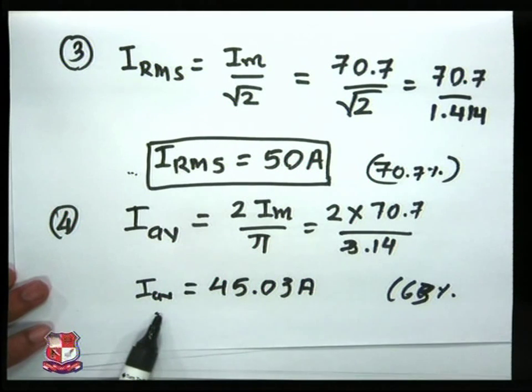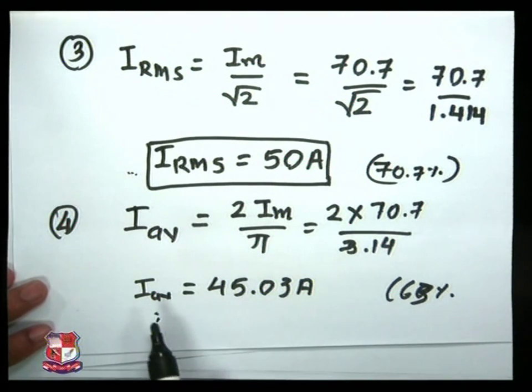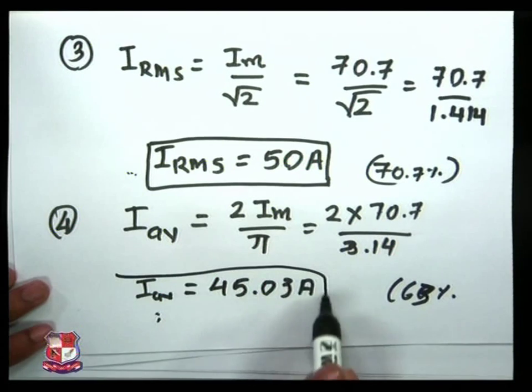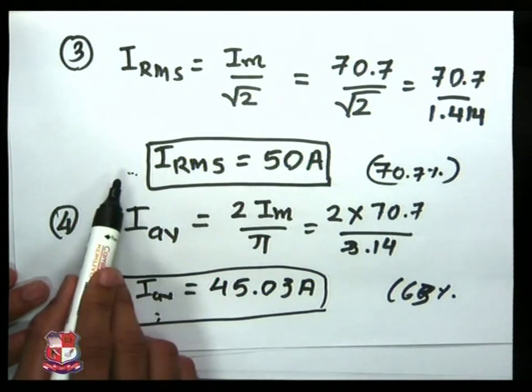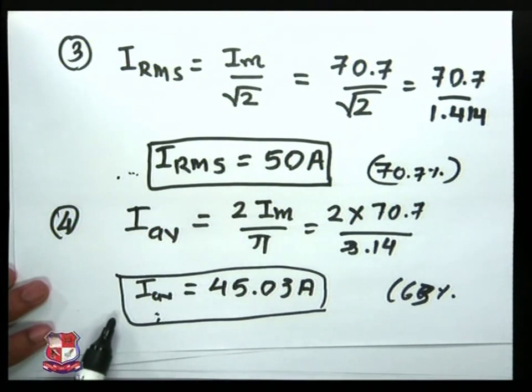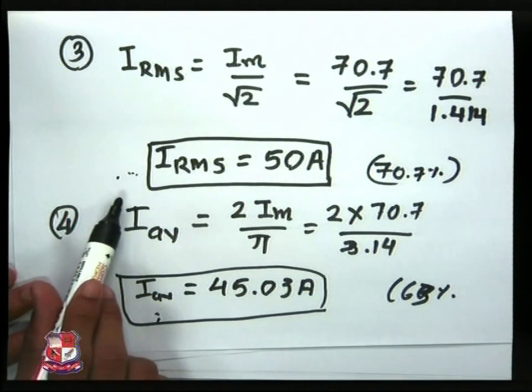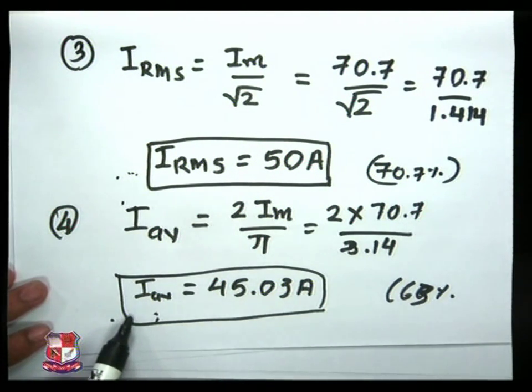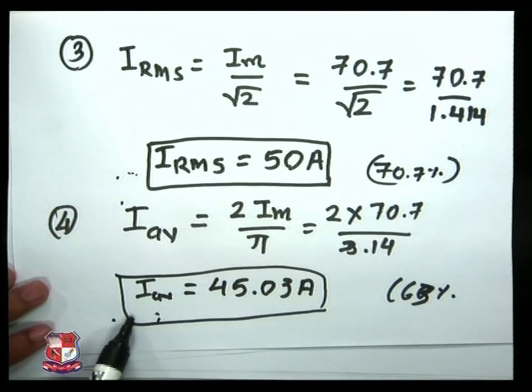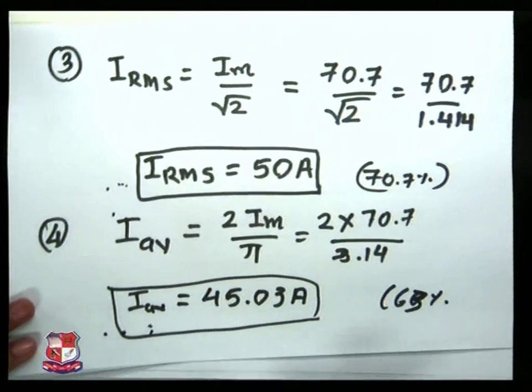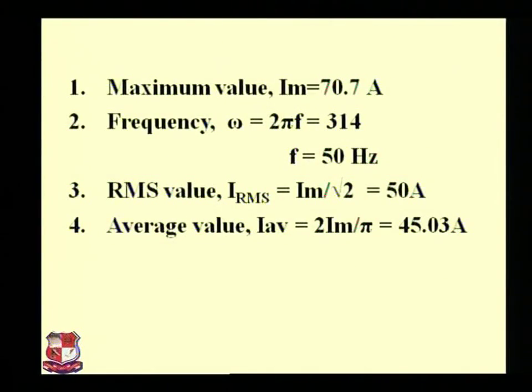To check our answer, we use this formula: our RMS value is always greater than our average value. Here the RMS value is 50 ampere and the average value is 45.03 ampere. That means our answer is right.